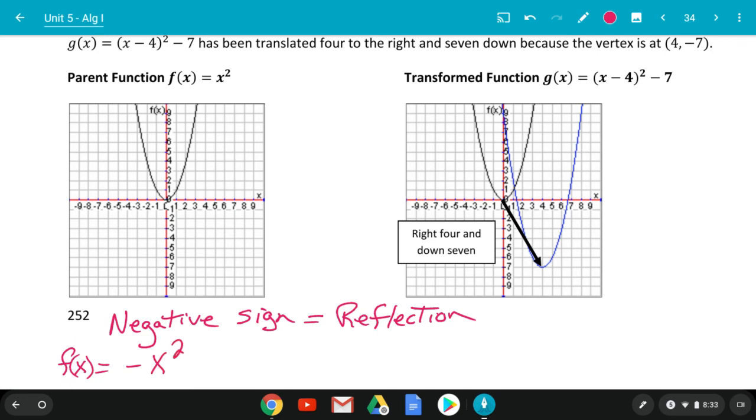Which way is this going to reflect? Horizontally or vertically? It's going to be vertical. Why? Because it's not inside the parentheses. How about this one? f of x equals negative x squared.